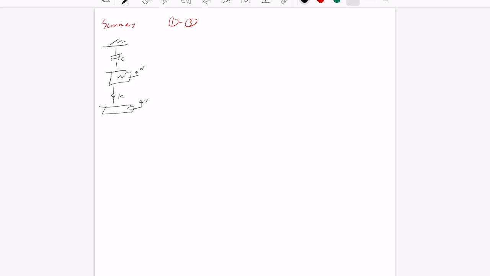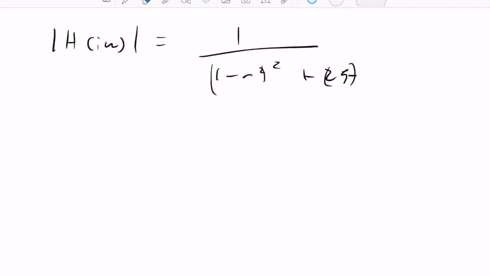For these summary slides, we're going to define H(i omega) equal to 1 over 1 minus r squared plus 2 zeta r squared, to the 1/2. Let's write that neater.